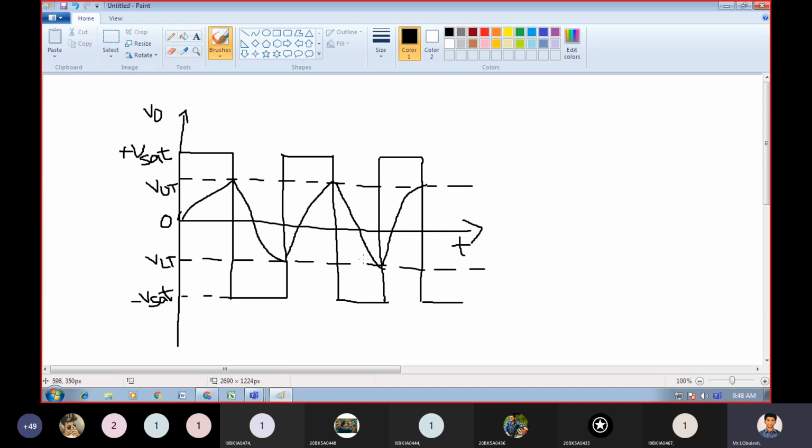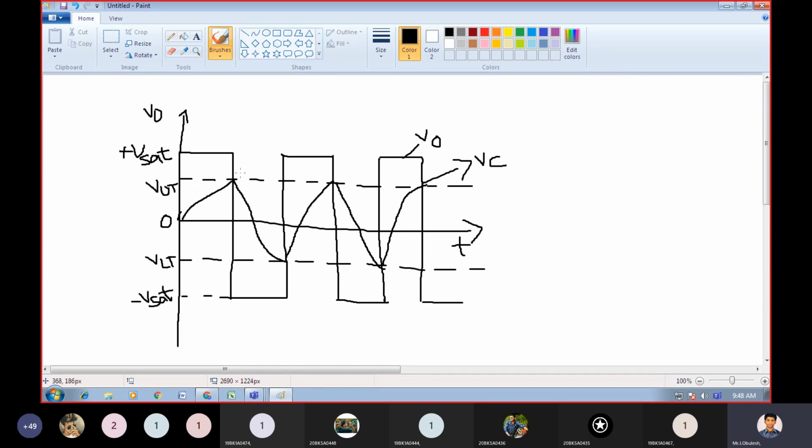Okay, like this. The operation will go on like this. This is VC. This is V naught. So this process is repeatedly going on.